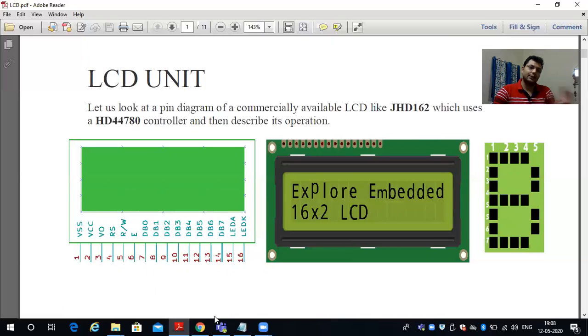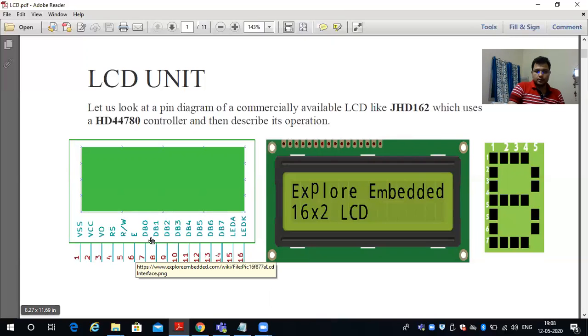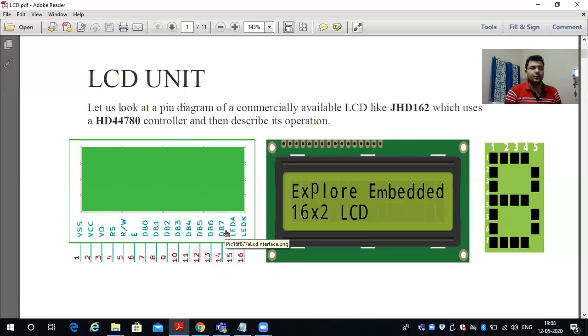So these 3 pins, RS pin, read write pin, and enable pin, are responsible for controlling the device. So these are called control pins. Whereas DB0 till DB7, these are called data line pins, the data bus. That is all in brief regarding our LCD display unit.